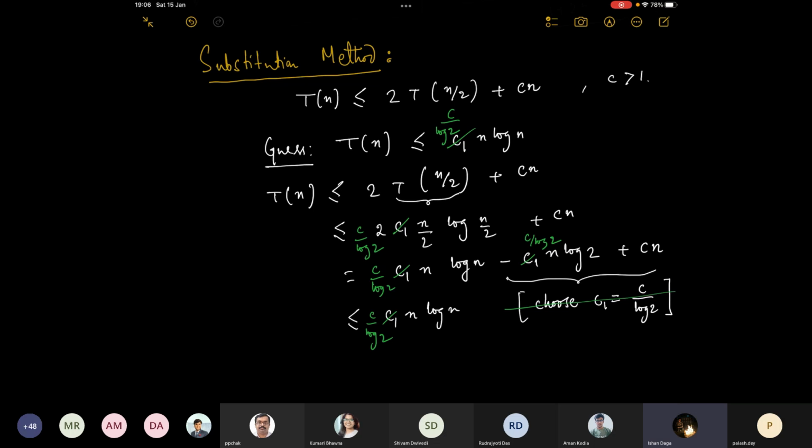But how does this prove our guess? My guess is Tn is less than or equal to C by log 2 times n log n. That's my guess. You can't ask me where I got this guess. I have some superpower. I guess this. Okay, sir. This is the proof.